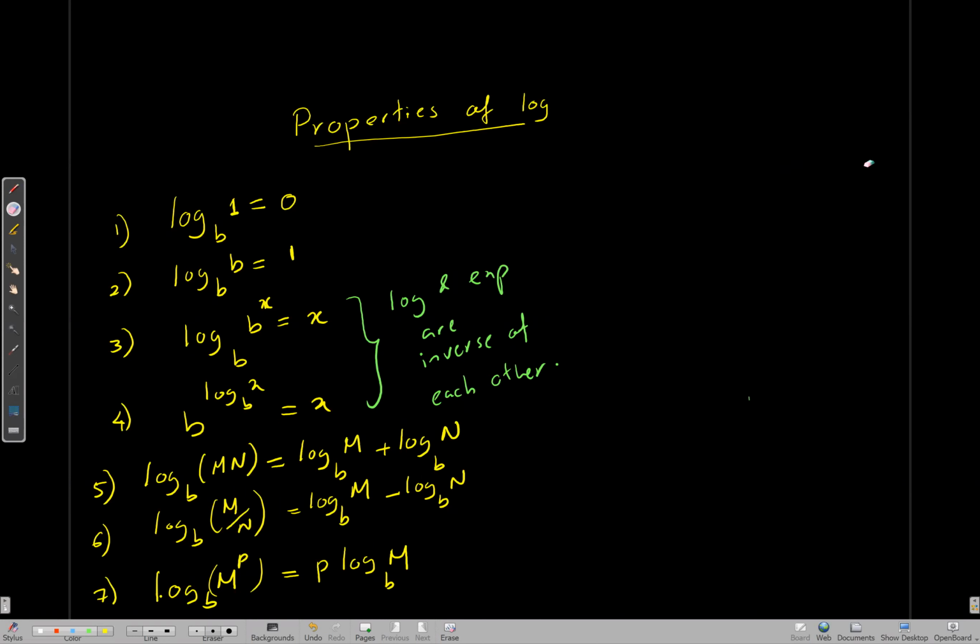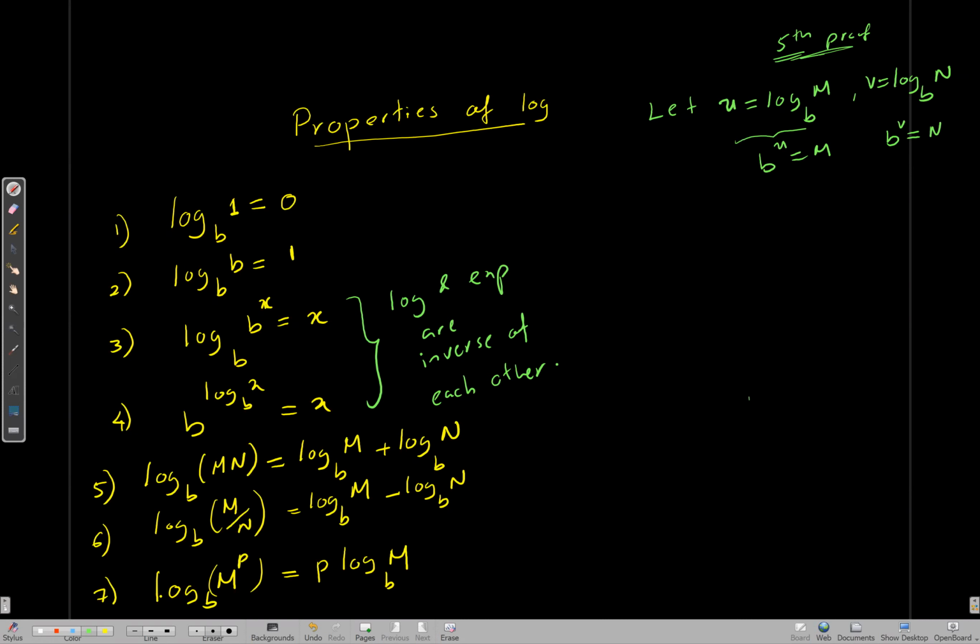Now let me explain these things. So let me explain from 5 onwards. Now the reason why the fifth one is true, so here is the fifth proof. Let's say u equals log base b of m and v equals log base b of n. From here we have b to the u equals m and b to the v equals n, right?